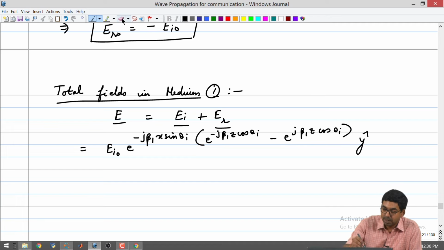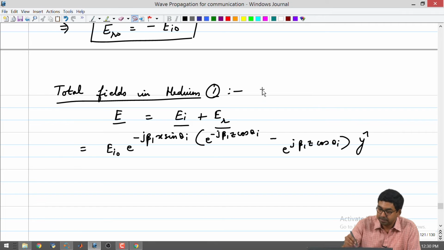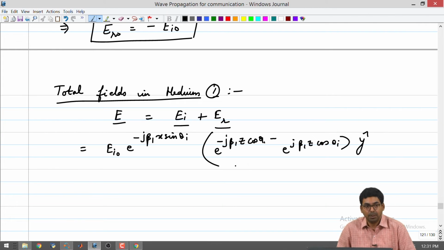The way I have written it, it looks like it is in the power, so I will just correct that by bringing it down.